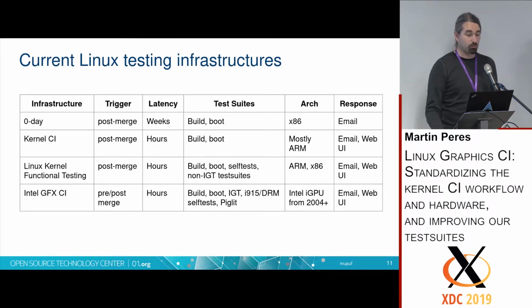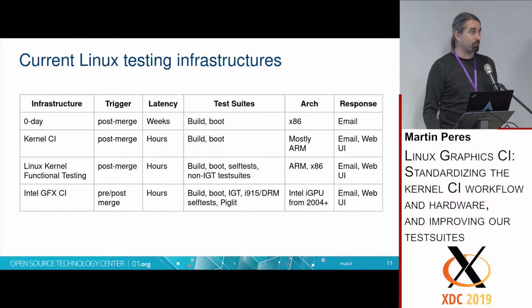We have quite a few projects that are reporting results. The triggering point is different for all of them. The latency, or how long it takes to get the results, is also quite different every time. Then the test suites that are being executed are different.